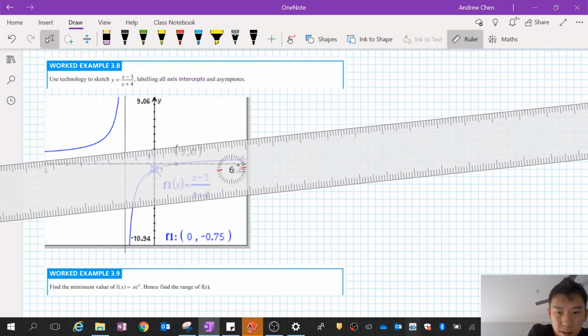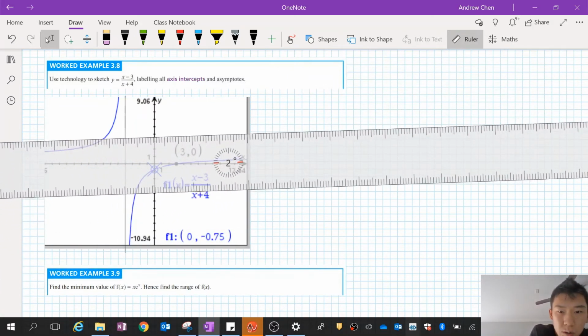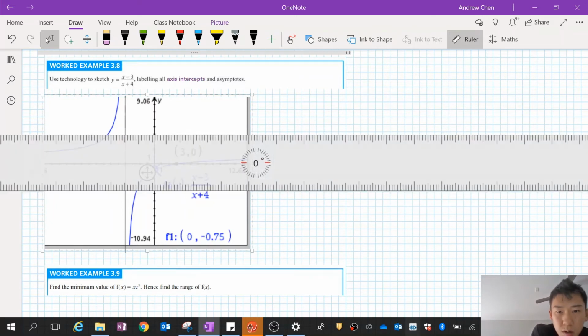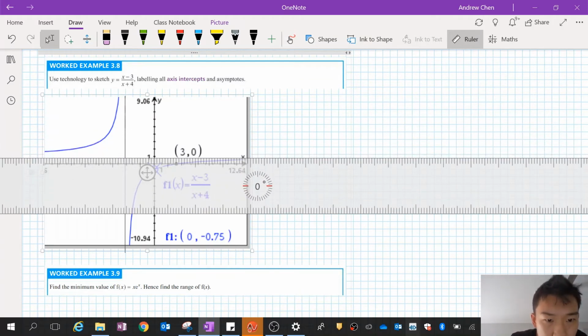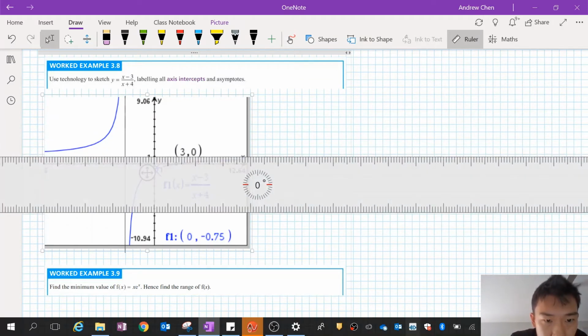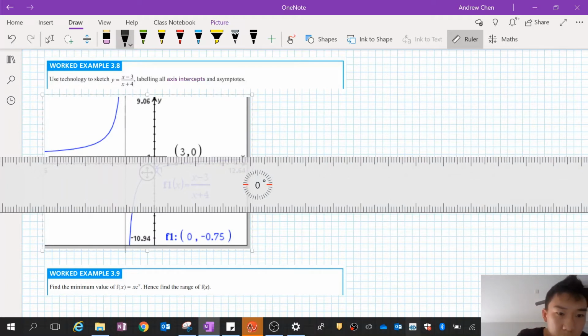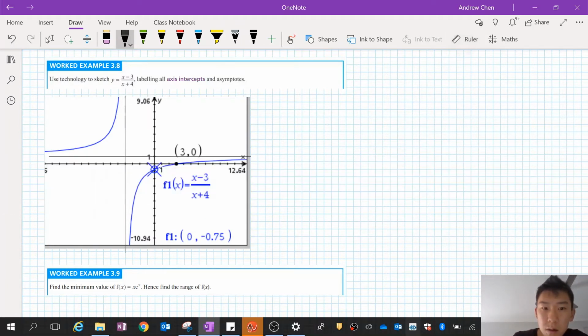And then also, it looks like we have an asymptote at y equals 1.